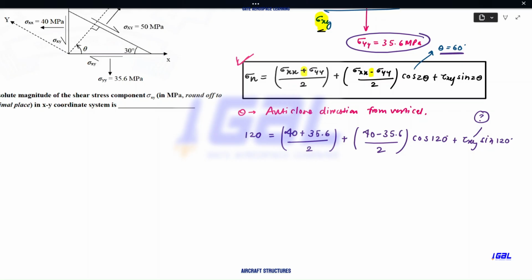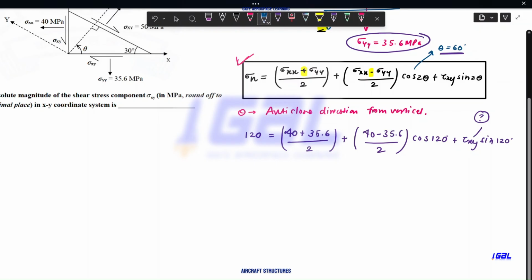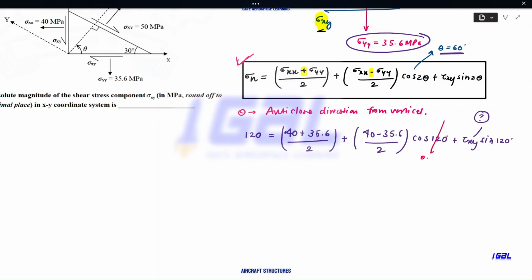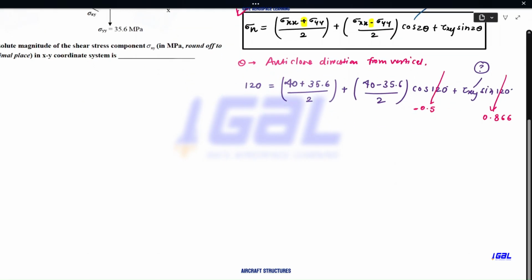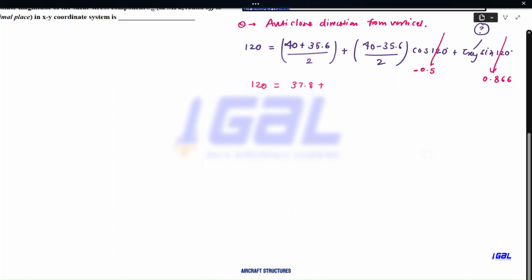All right, now let's do the simplification for tau xy. Okay, now if you see, I have already done this. Cos 120 will be minus 0.5. Then sin 120 will be 0.866. Now you do the simplification. So this is 120 and this is 37.8, and now if you do this simplification, this is just negative of 1.1 plus tau xy times 0.866.